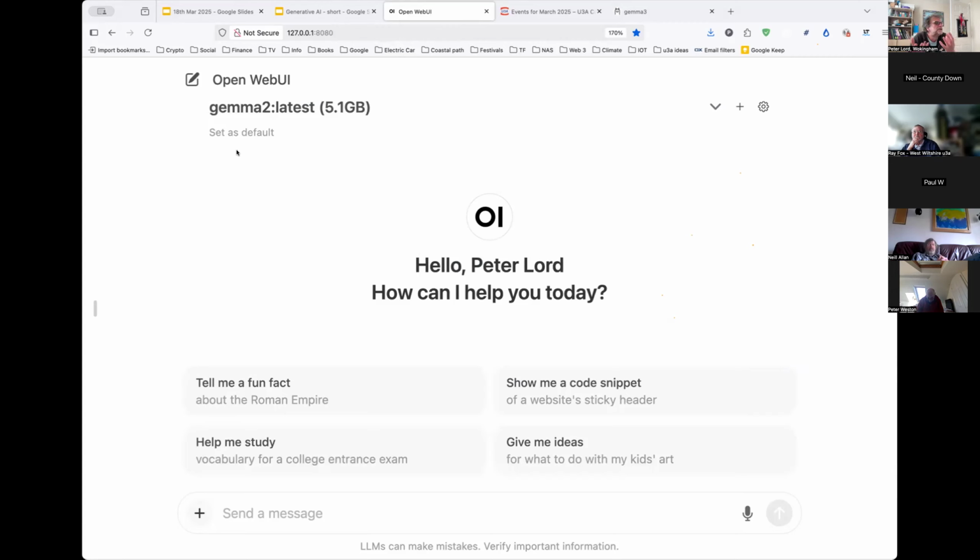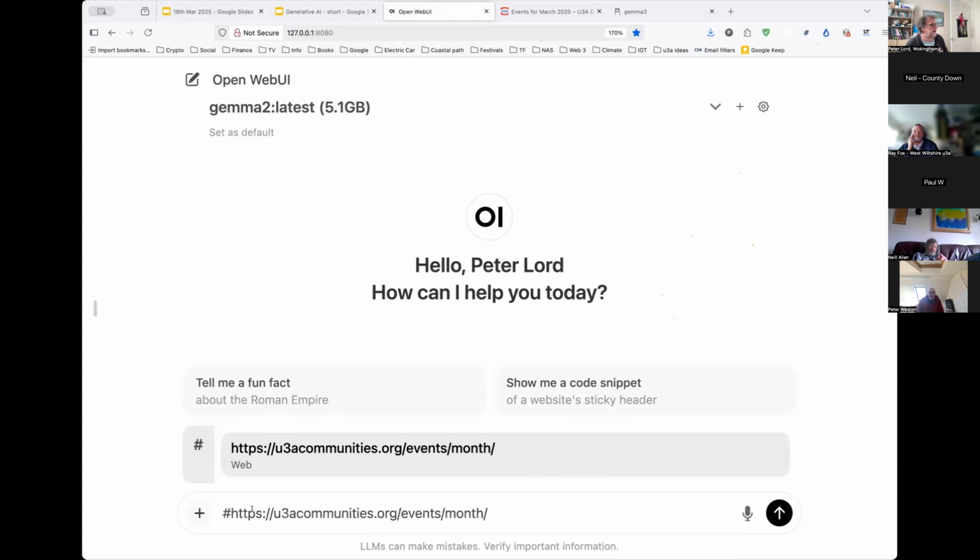However, if we want to get it to answer questions about something we provide, something that's not in its training set, there's a trick we can do here, which is what's called a hash prompt. This might be specific to this web UI, and what this is doing is asking the web UI only to go out to the internet, fetch some data from this URL, and add it into the context window. So the large language model itself still isn't doing an internet search, but we are bringing in data.